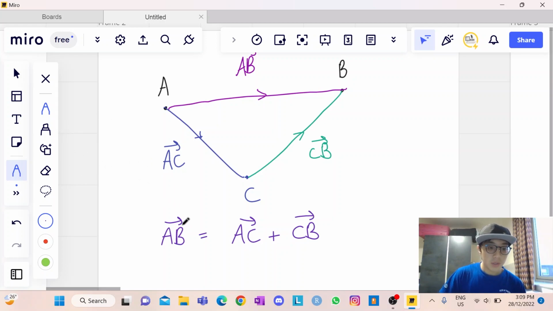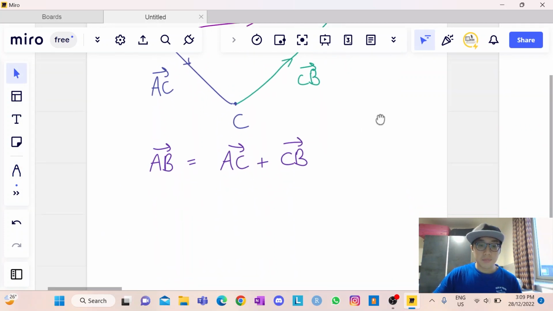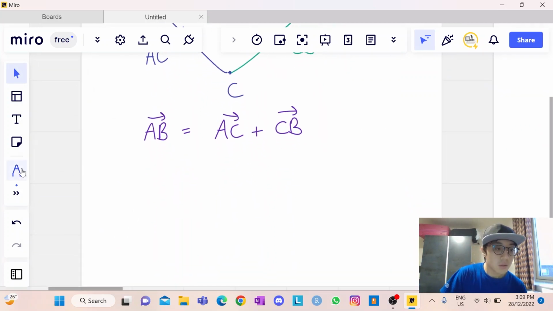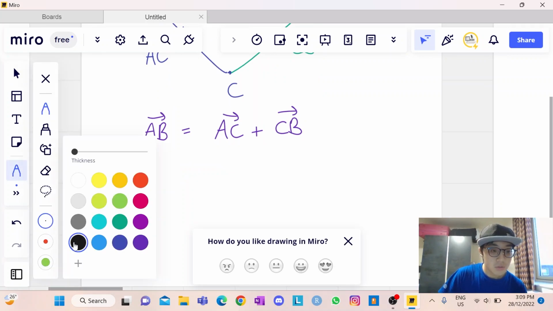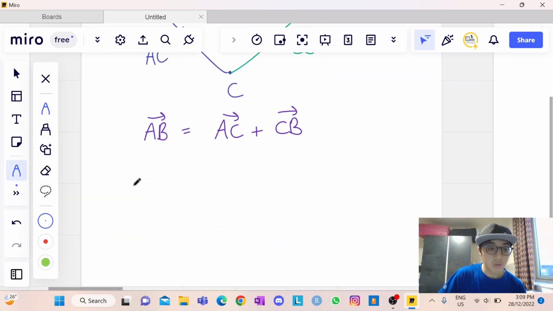And number two, to denote a vector, you have two ways to denote it.